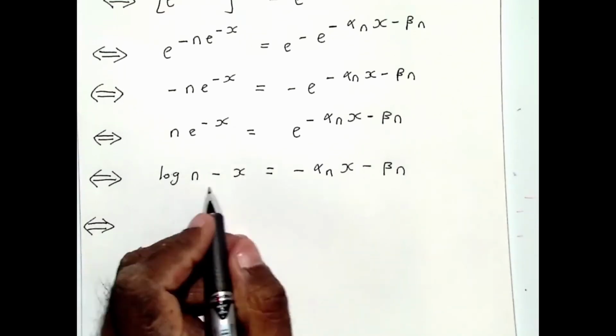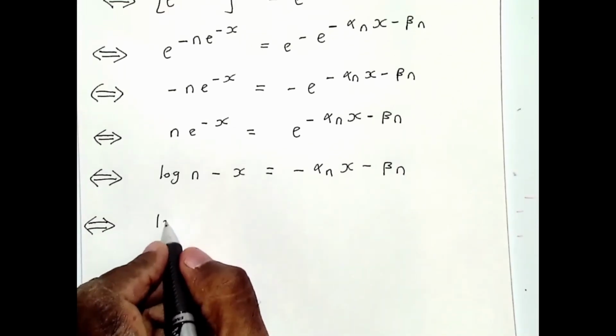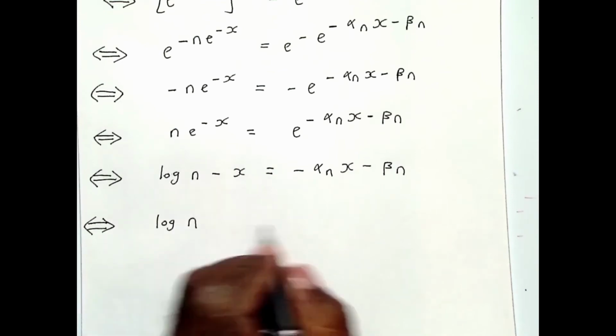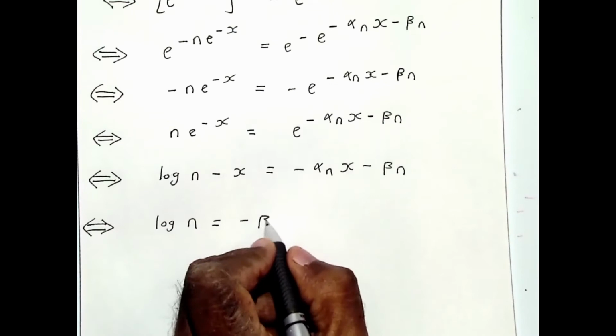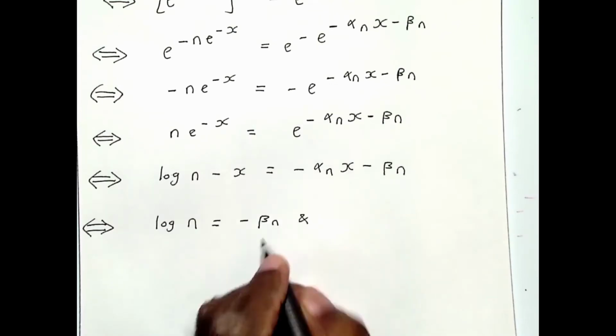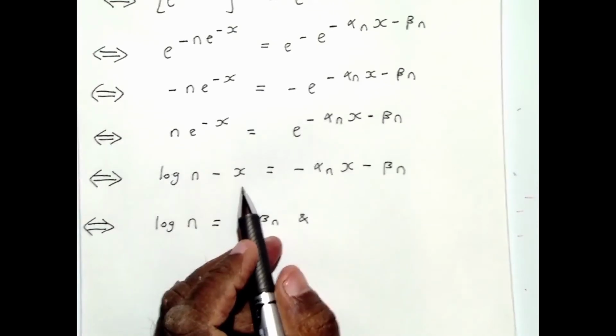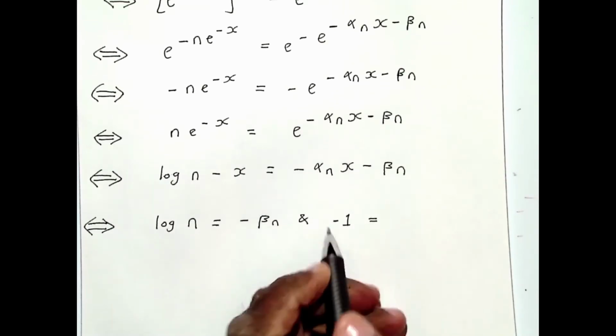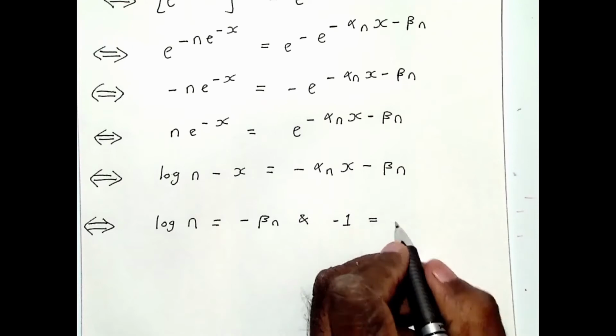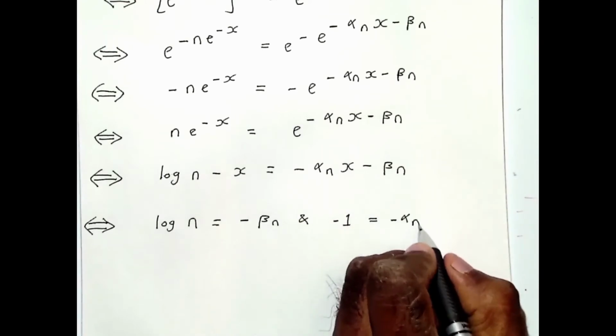The constant on the left-hand side is log of n, and the constant on the right-hand side is minus beta n. The coefficient of x on the left-hand side is minus 1, and the coefficient of x on the right-hand side is minus alpha n.